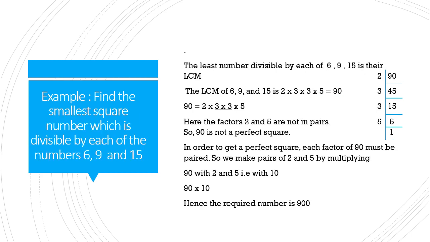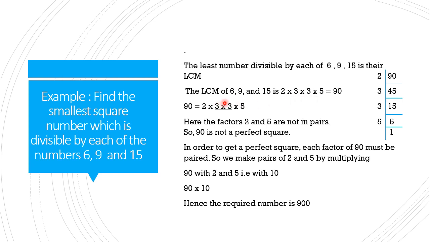Children, now find the smallest square number which is divisible by each of the numbers 6, 9 and 15. The least number, or the smallest number, divisible by each of 6, 9 and 15 is their LCM. So the numbers are 6, 9, 15 and we have to find their LCM, and we get the LCM of 6, 9 and 15 as 90. That is 2 into 3 into 3 into 5.